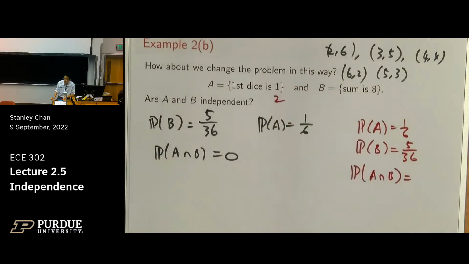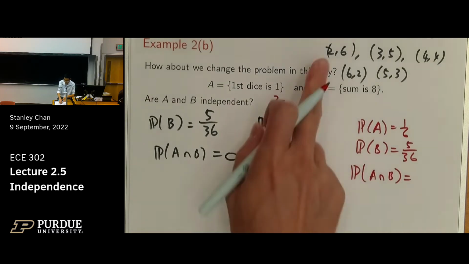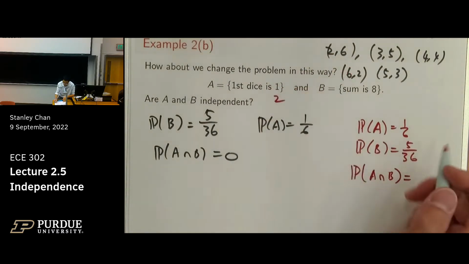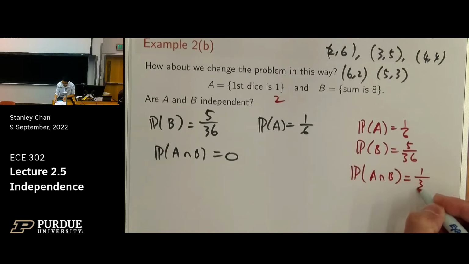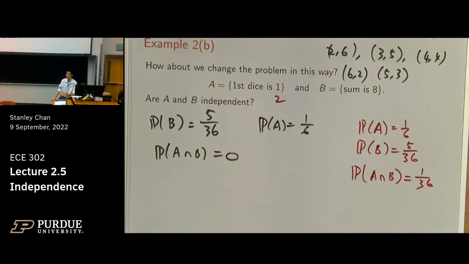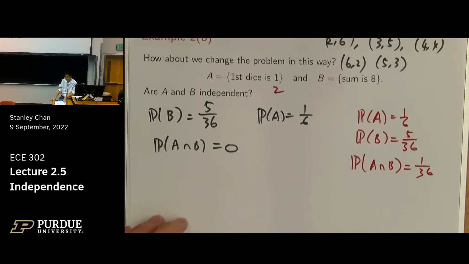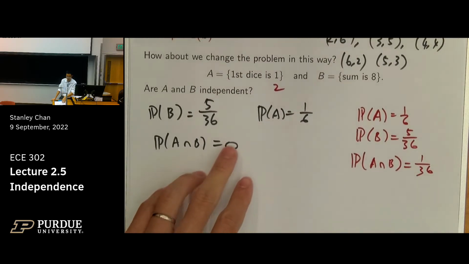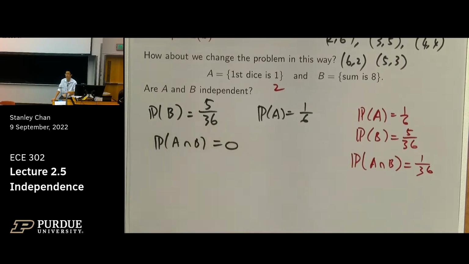You have 2 cases, right? No, okay, you only have 1, so you will have 1/36. Okay, you only have this one is allowed. So it's not necessarily that you will get 0. Even though you get a non-zero number, you will still run into trouble.